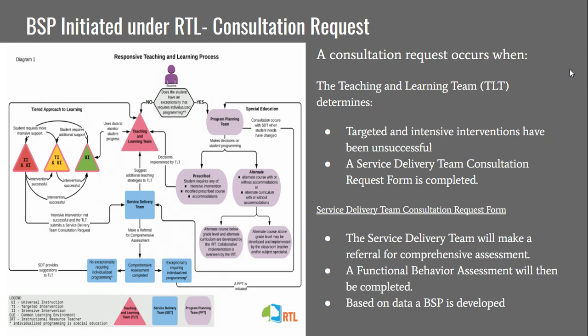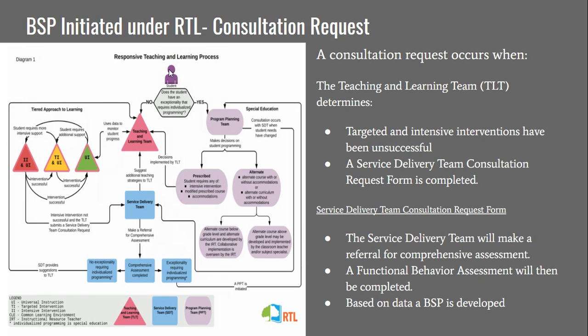Students without a diagnosis yet present challenging behavior will initially receive instruction in the universal instruction tier. Behavior issues will lead to the team providing targeted interventions. When the behavior continues, the child will receive intensive interventions. And if issues persist, the consultation request form is completed, which leads to the referral for comprehensive assessments.